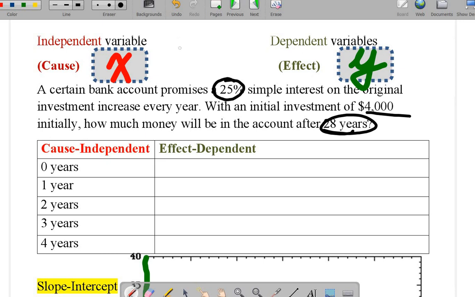25%, keep in mind there's a couple ways to express that. 25% is the same as 0.25, like a quarter, and it's also 1 over 4. Okay, so in year 0, you have an initial investment of $4,000.